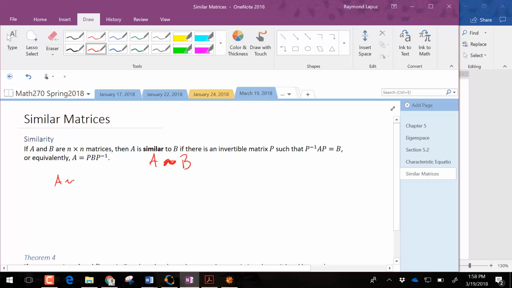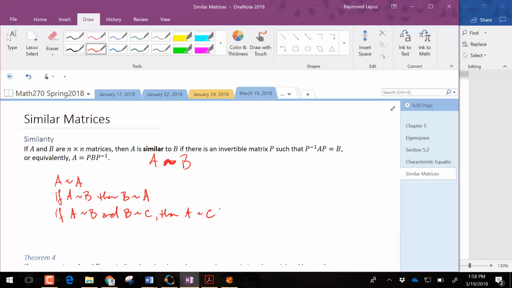So A is similar to A, and then if A is similar to B, then B is similar to A. And then if A is similar to B and B is similar to C, then A is similar to C. So the first one is called reflexive. I think it's reflexive. The second one is symmetric, and the third one is transitive.